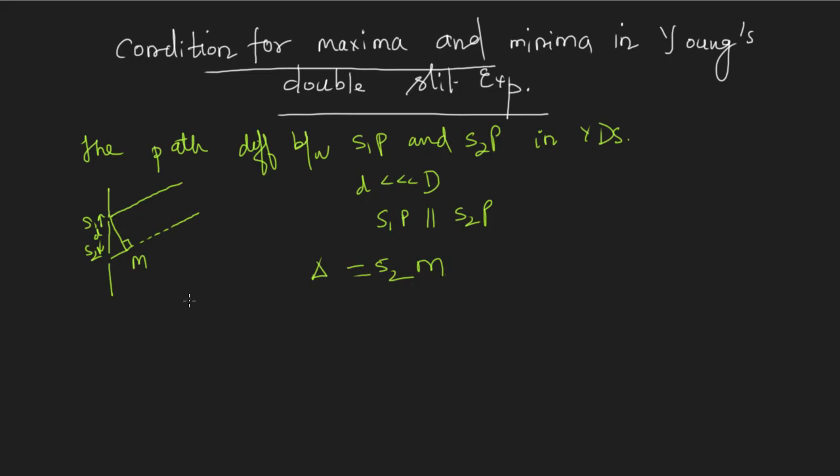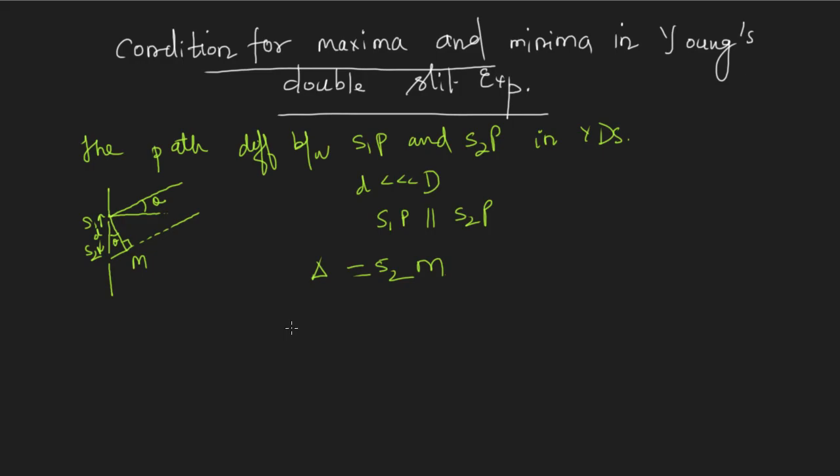From here I can see that, as I already told you, S1P is being diffracted at angle theta. Now this full angle is 90, so this angle will be 90 minus theta, and again this angle would be theta.